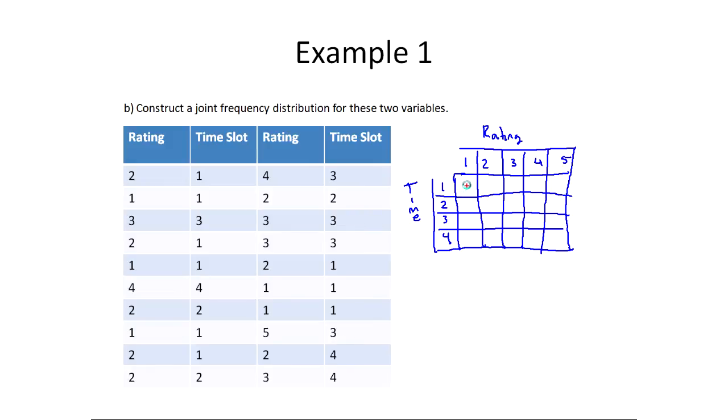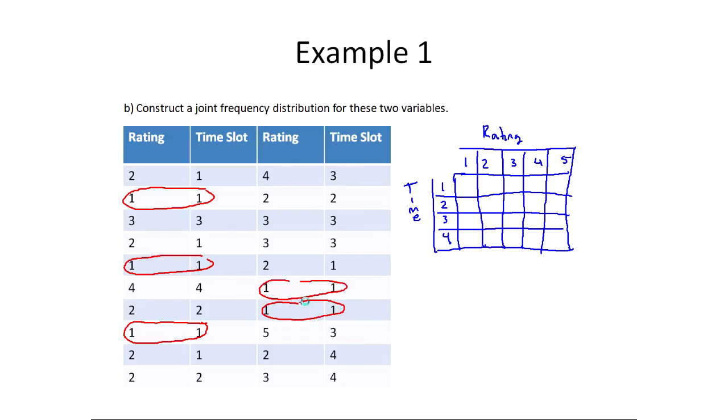Okay, so now I got to go through. It doesn't matter what order I go in. I just got to make sure I count everything. So let's look at ratings of 1. I'm going to circle all ratings of 1. There were quite a few. That's not good. So for ratings of 1, how many were in time slot 1?